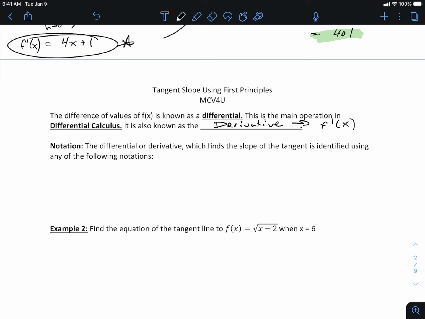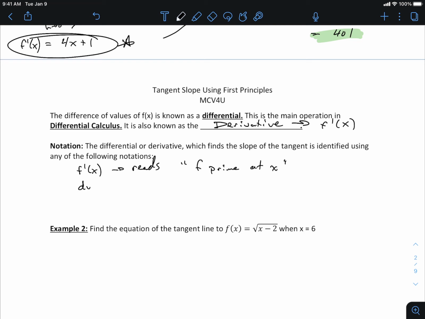So here's what we've got. We've already done one, f prime of x, which reads f prime. I'll write these all down. I suppose you could change the word 'of' to 'at', f prime at x. The slope at x is probably a better way of saying it.